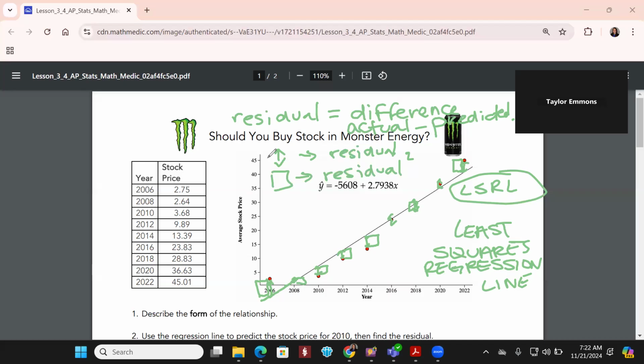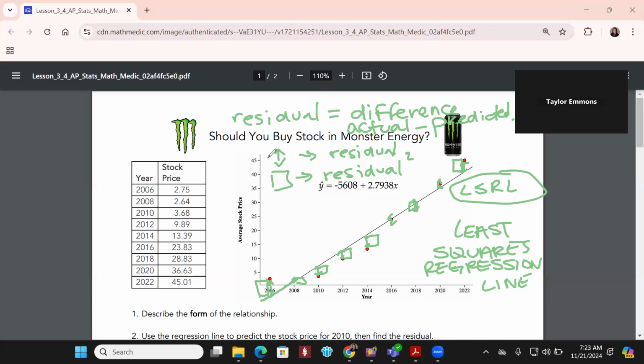So describe the form of the relationship, looking at the dots. Form as in, is it quadratic? Is it linear? Look at the dots. Oh, it's exponential.